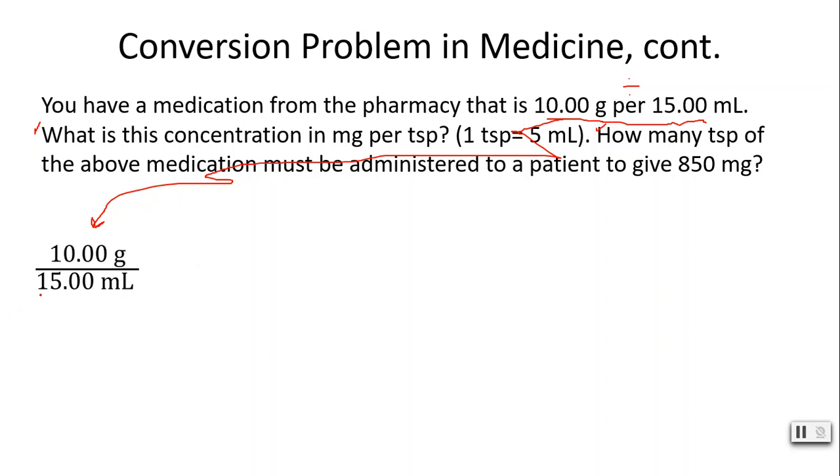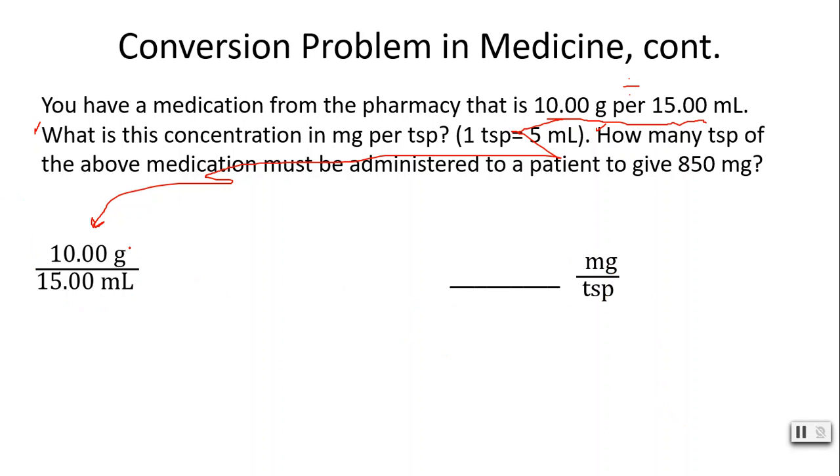Okay? I have 10 grams per 15 mils. So that is my given for this problem. So I'm going to write that down. And I want to determine that concentration from grams per mil to milligrams per teaspoon.